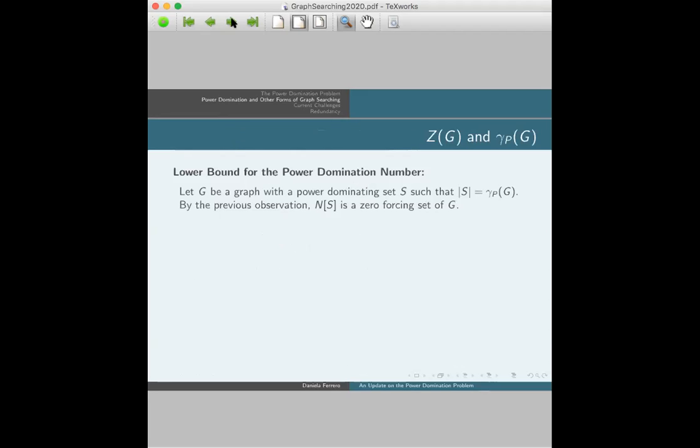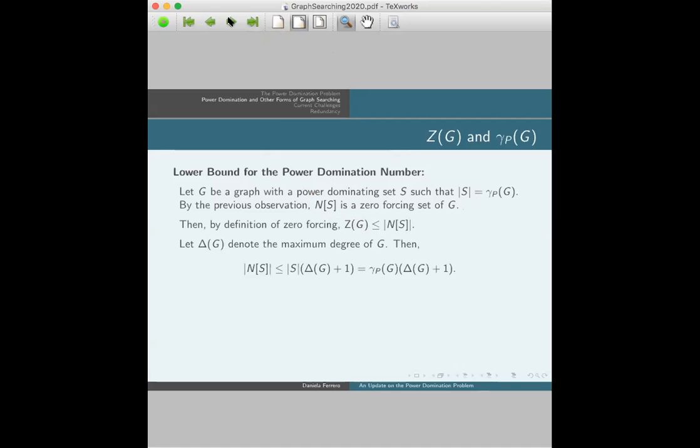The idea was to say, well, if I have a graph with a power dominating set S that is a minimum power dominating set, so the power domination number of G is exactly the cardinality of S, then by the previous observation, we know that the closed neighborhood of S is a zero forcing set. And by definition of zero forcing set, any zero forcing set in a graph G has to have cardinality at least the zero forcing number.